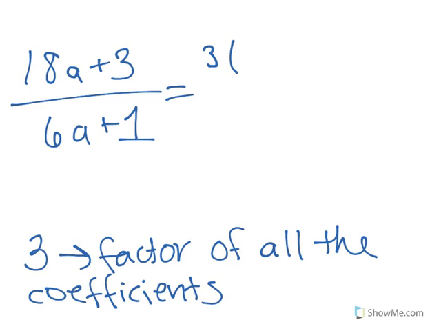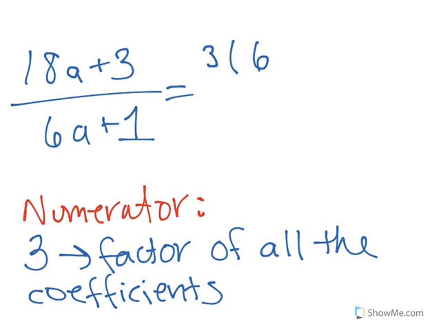Here I'm talking about the numerator. So we can factor out a 3, and we're left with 6a plus 1. And then we cannot factor out anything from the denominator, so we leave it as 6a plus 1.